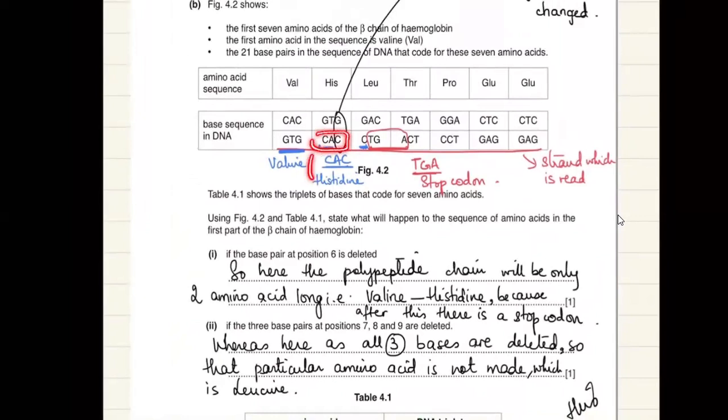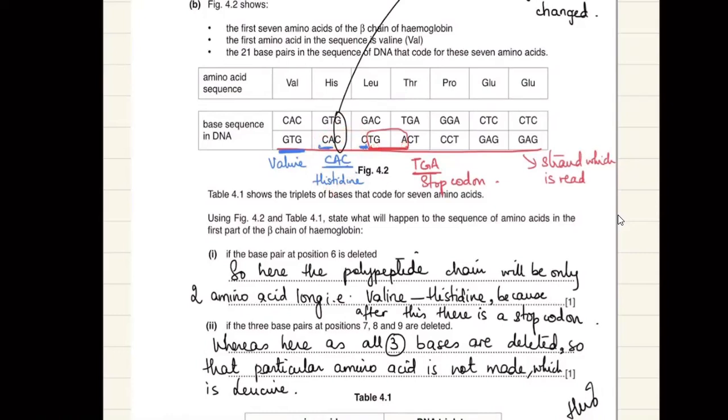CAC अगर होगा तो it will make histidine. ठीक है? You remove G and C. तो now let's continue. CAC, ये एक दूसरे से मिल गए. CA और C, imagine करो कि बीच वाला C नहीं है, ये वाला C है, तो CAC है तो histidine बन जाएगा. So now our next code will start from TGA.